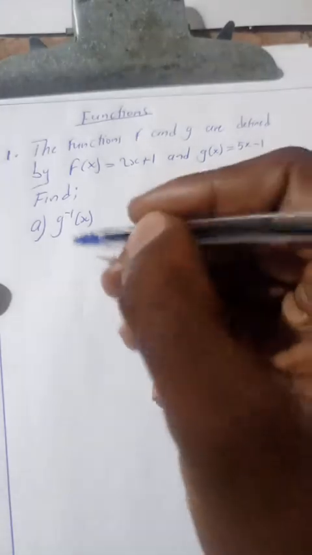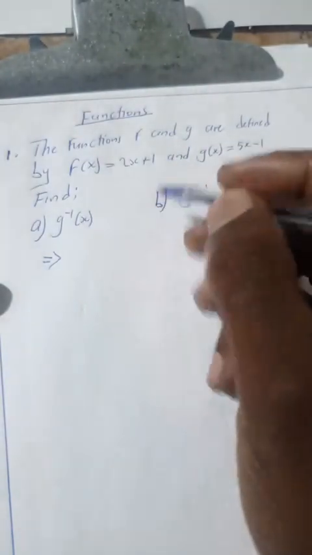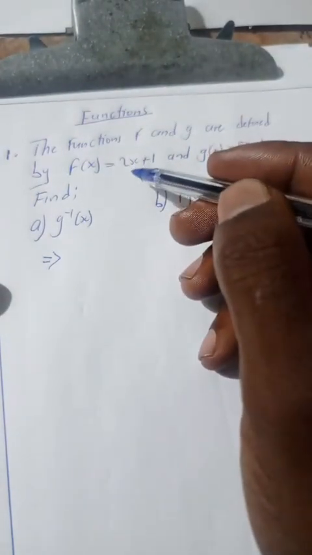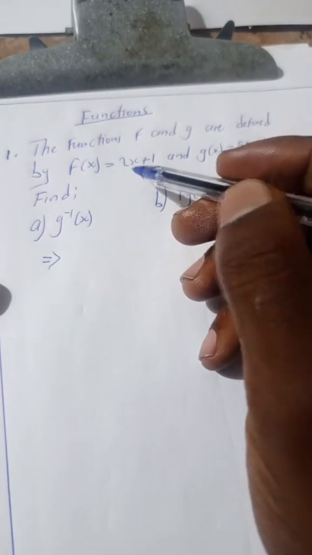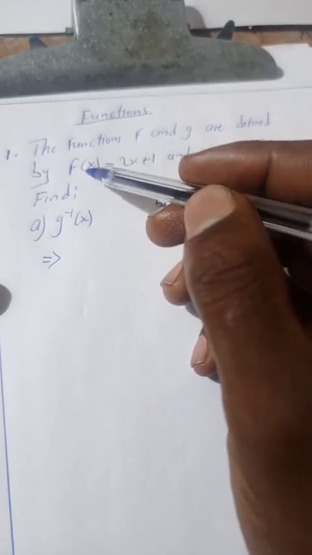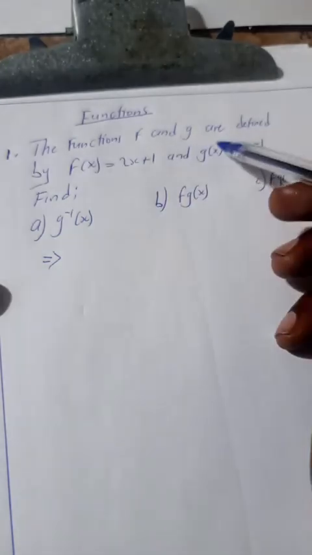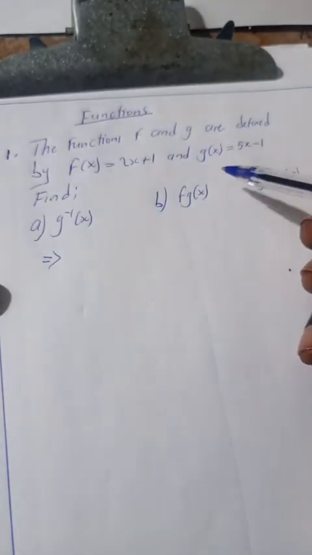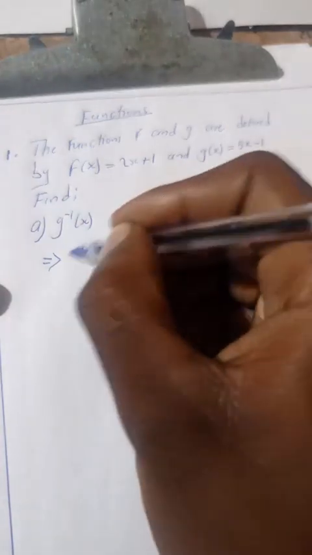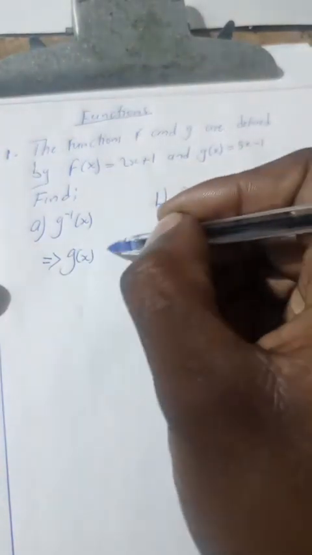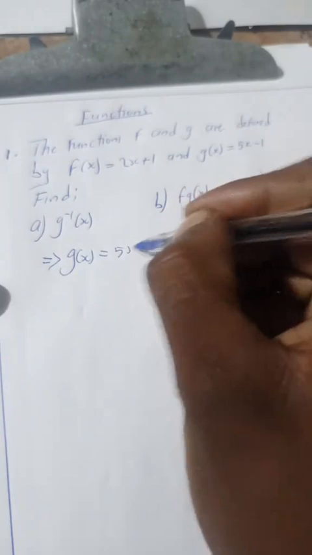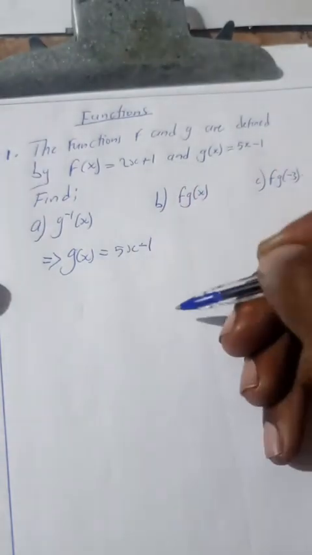As we said in the first video, the first thing you're going to do is identify the function that you are finding the inverse of. The inverse that we're finding is for which function? It is for g. So the original function is g of x is equal to 5x minus 1.